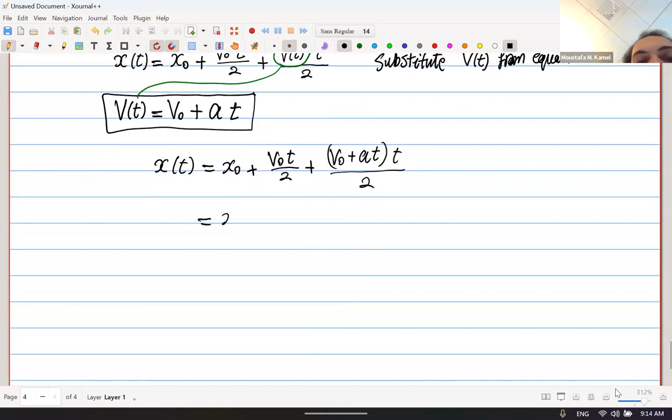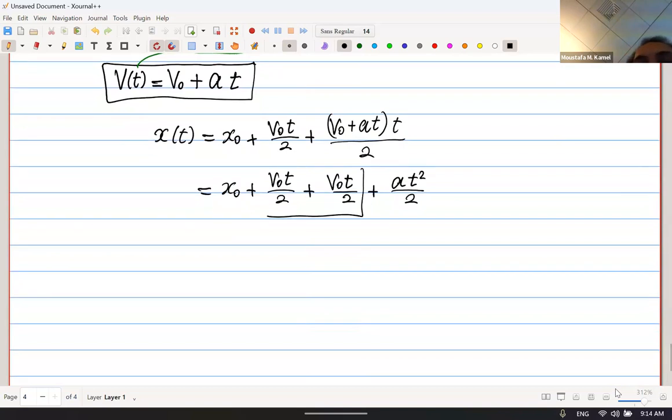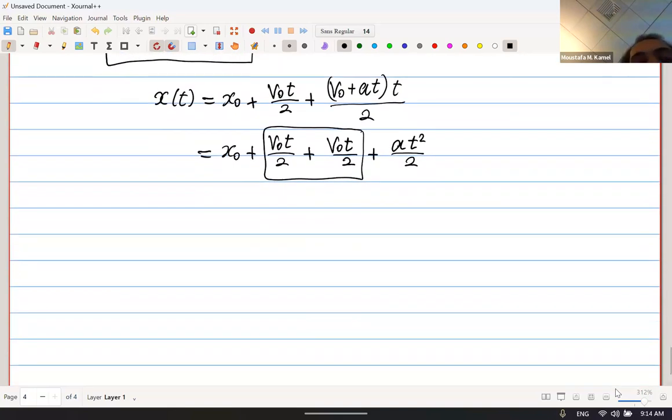Again, some algebra. So x naught plus v naught t over 2 plus v naught t over 2 plus a t squared over 2. These two terms are the same, so half v naught t plus half v naught t gives us v naught t. And we get the final equation that we need to arrive at: x of t equal x initial plus v naught t plus half a t squared.